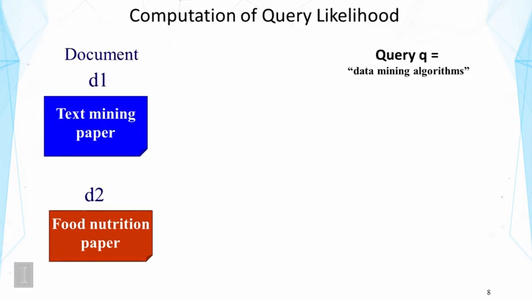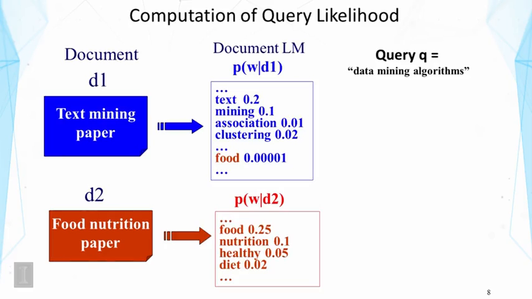So how do we compute this query likelihood if we make this assumption? Well, it involves 2 steps. The first is to compute this model. And we call it the document language model here. For example, I've shown 2 possible language models here, estimated based on 2 documents.